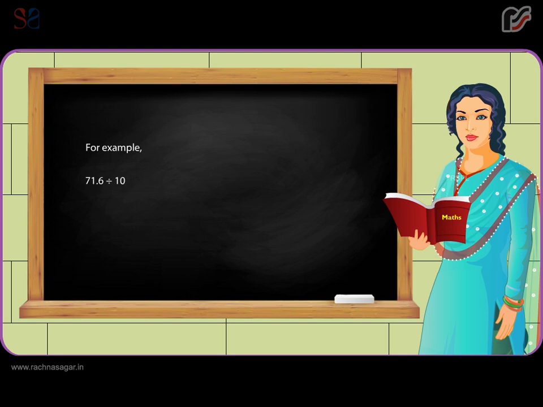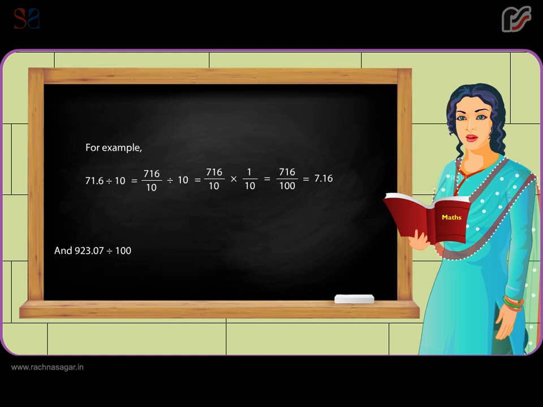For example, 71.6 divided by 10 is equal to 716 by 10 whole divided by 10 is equal to 716 by 10 whole multiplied by 1 by 10 is equal to 716 by 100 is equal to 7.16.